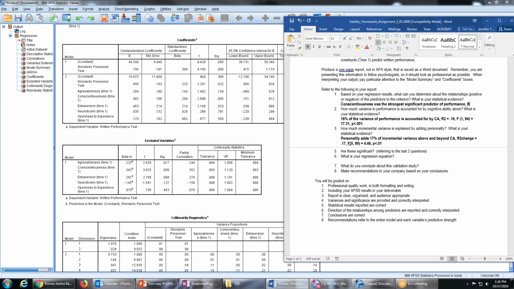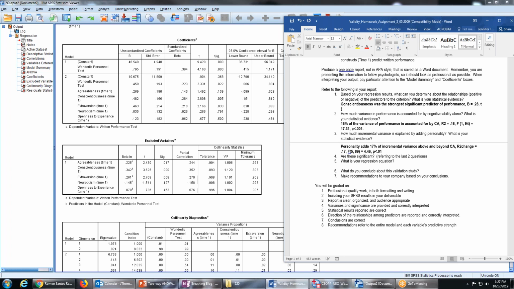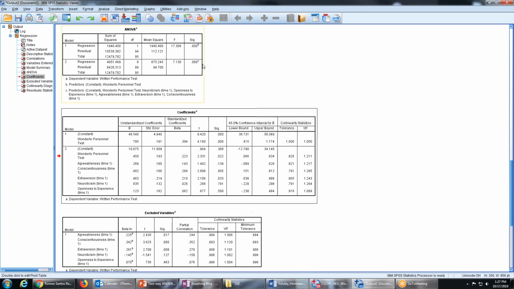And then you want to make your symbol for the big B equals 0.28, comma, T, my degrees of freedom for this are, let me look back up to, it's going to be this residual here in this second model, it's 89.